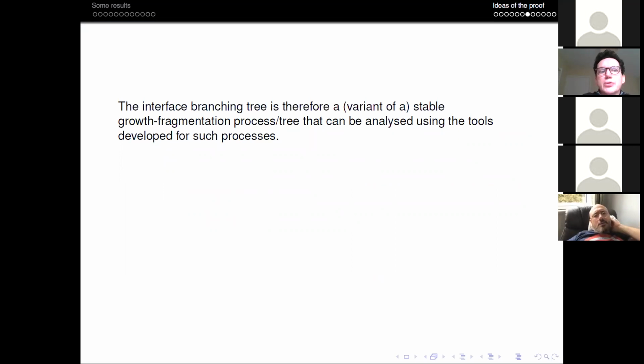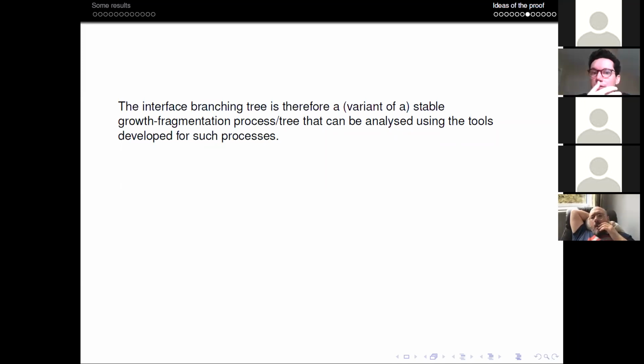So as a consequence, if, instead of going from the bottom left corner to the top left, the green interface is used to define some sort of a branching tree, what you get is a variant, that we can describe very explicitly, of this stable growth fragmentation process, that can be analyzed using the tools developed for such processes, because the boundary length of each of the CLE loops that you're discovering will have some scaling invariance properties.